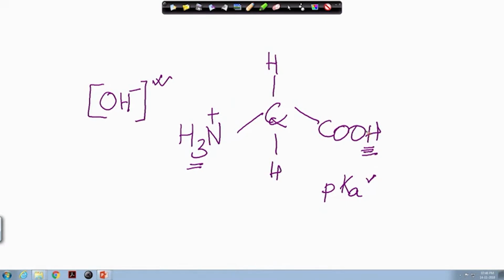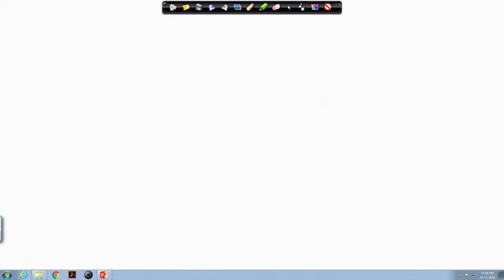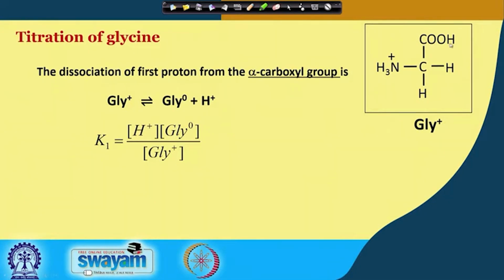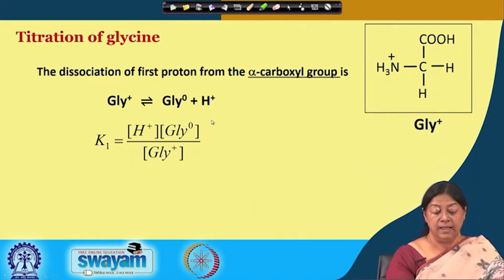So, what does our structure now become? Our structure now loses this proton. Once it loses the proton associated with the COOH, Gly plus becomes Gly0 plus H plus.